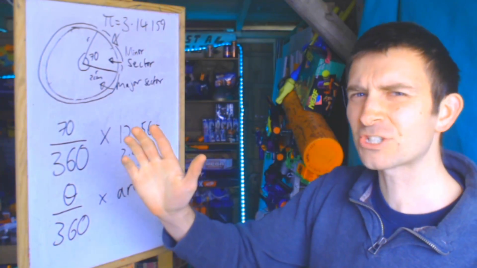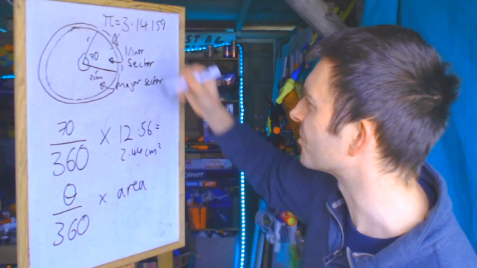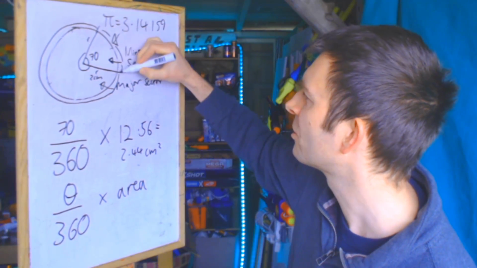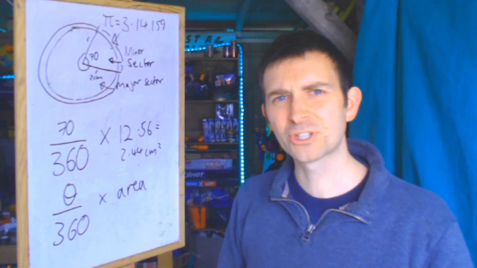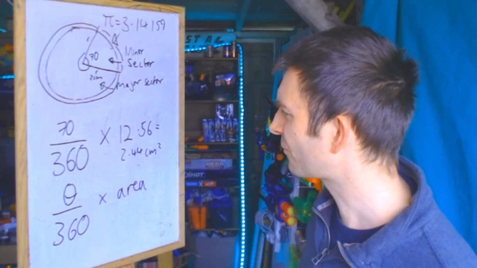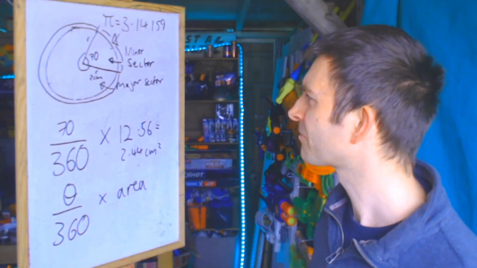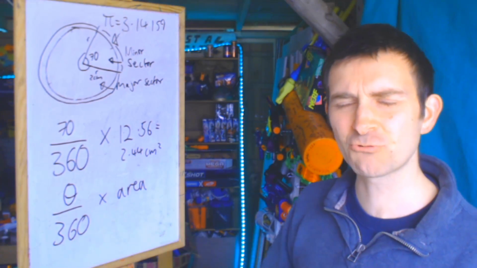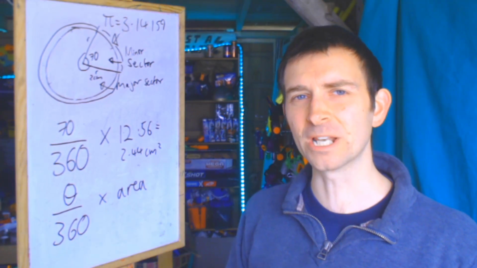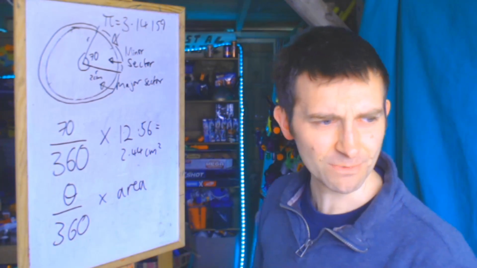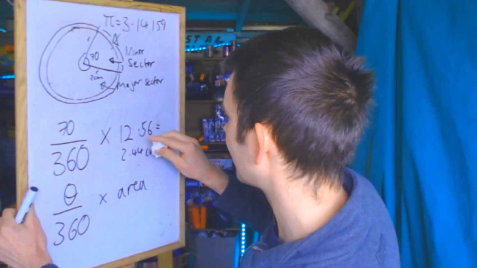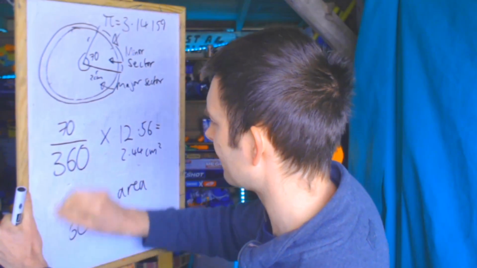But not only did it do that, it also divided up our circumference. If we kind of carry these on, we can see that we've also divided up our circumference into bits as well. Well, the good news for us is that the formula for the area of a sector is actually really, really similar to the formula for the length of an arc. So let's go back and let's take a look at this here.